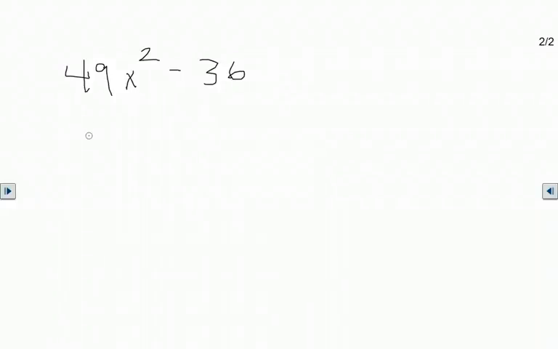Okay, take the square root of this one. First of all, what does it look like? It looks like shortcut number three, which is the difference of two what? Difference of two squares. Somebody remembers. And that's shortcut number 3, which is equal to a plus b times a minus b.